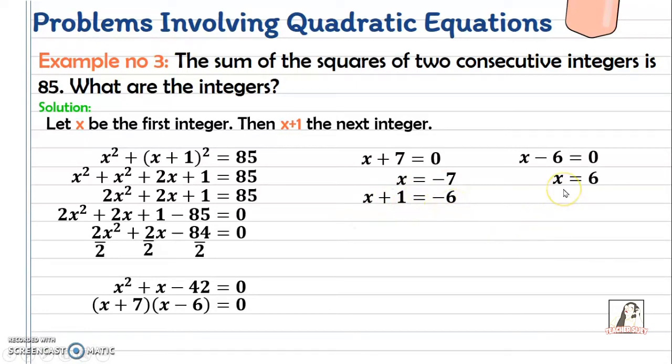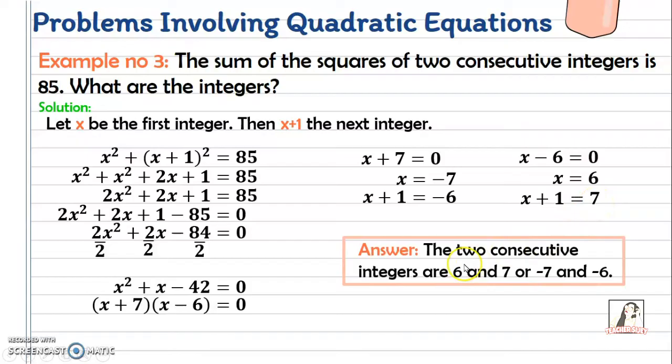I-apply din natin siya dito kay x equals 6. So, meron tayong, kung si x, isa-substitute natin kay 6, we have 6 plus 1 equals 7. So, our answer is, the two consecutive integers are 6 and 7, or negative 6 and negative 7.